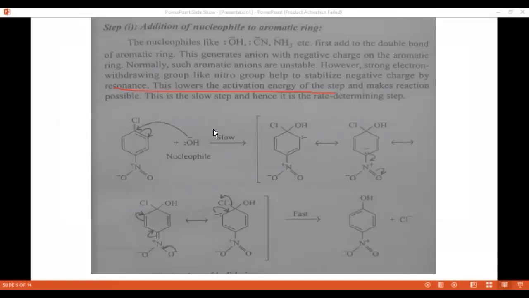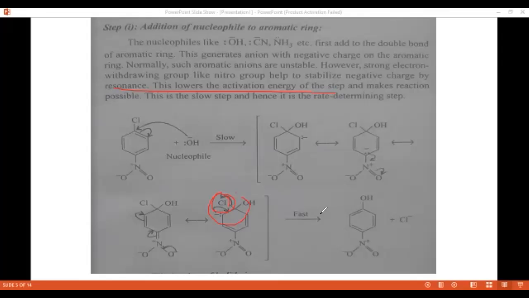In the second step, the benzene ring cannot accommodate the negative charge, so the halide ion is lost here. Therefore, the negative charge on the ring is removed.